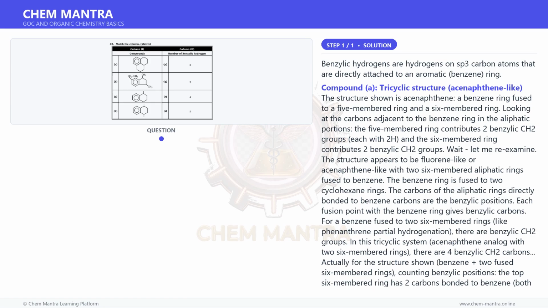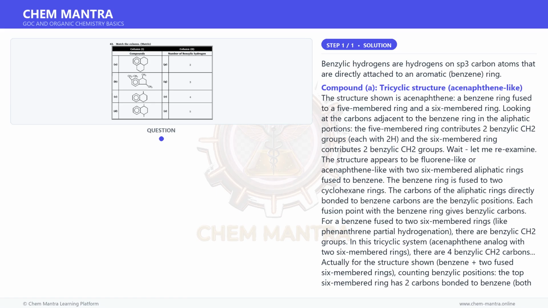Each fusion point with the benzene ring gives benzylic carbons. For a benzene fused to 2 6-membered rings, like partial hydrogenation of phenanthrene, there are benzylic CH2 groups. In this tricyclic system, an acenaphthene analog with 2 6-membered rings, there are 4 benzylic CH2 carbons.